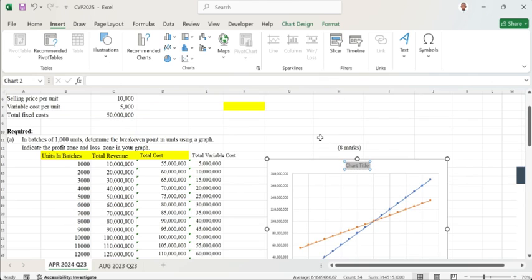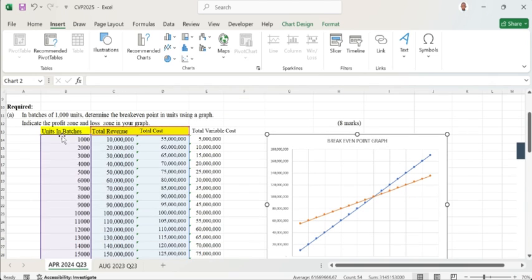If I put my cursor there, you see it is giving me 10,000 and 100 million. The 10,000 signifies my PP in units, and the 100 million is in shillings.